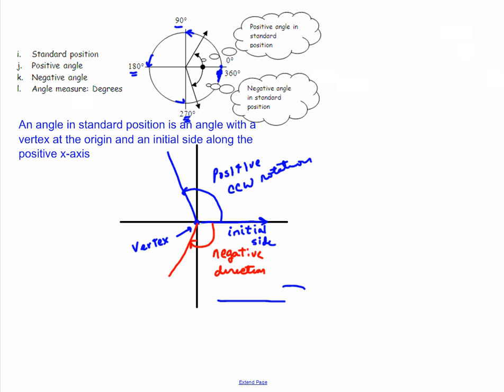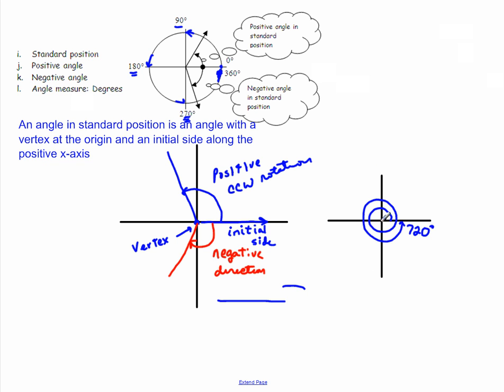So for example, if we were to create an angle, and I'll just make a smaller one over here somewhere, if we were to create an angle that went around in the positive direction, we could go 360 degrees of rotation. We could make it 2 full rotations for 720 degrees. So we are allowed to have angles in the positive direction as well as the negative direction.